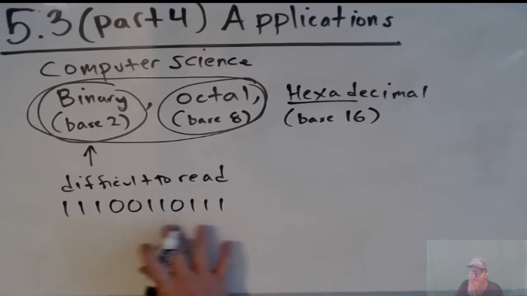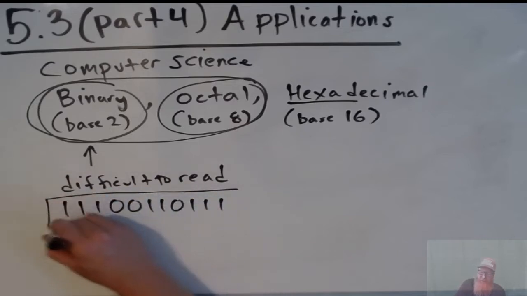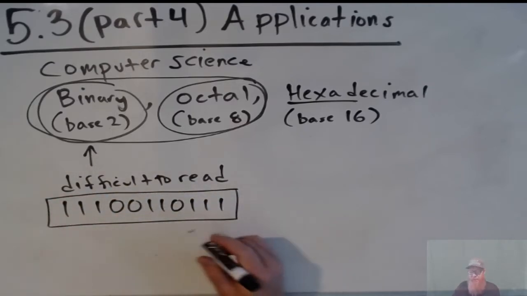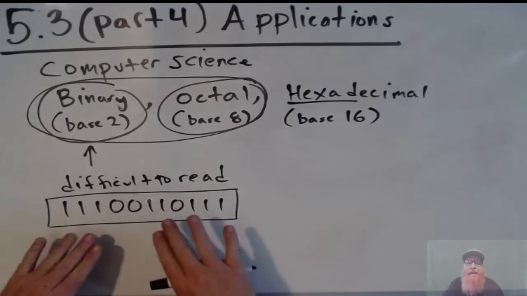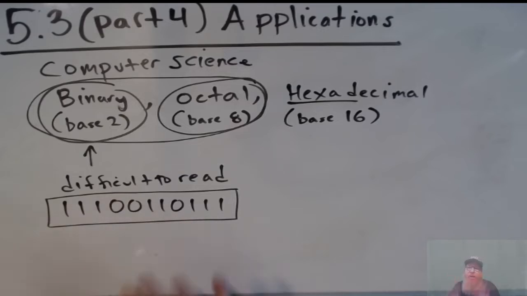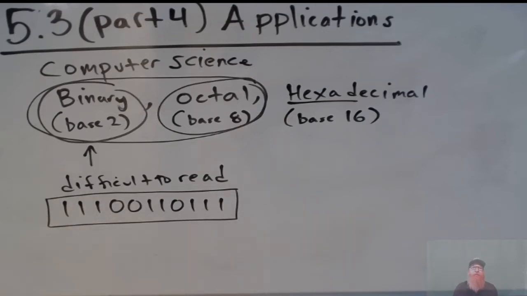If you see a binary number like this, most human beings just see 111, 0011, 0111, and it's very difficult to understand what this number actually means. Is this 50? Is this 100? Is this 2000? It could be 43. We don't know. It's very difficult for us to read.